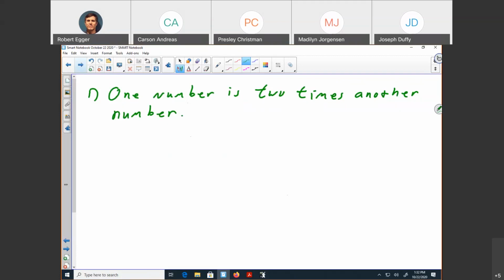The sum of the numbers is 90. What are the two numbers?